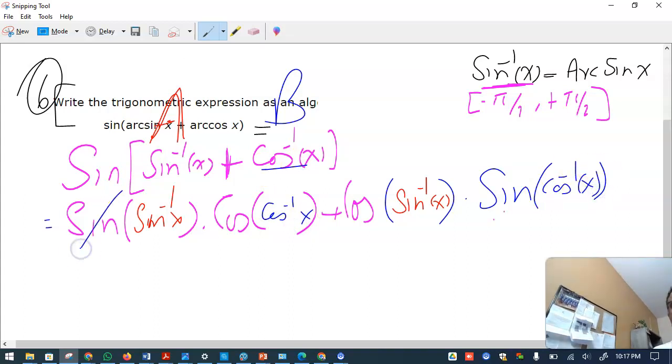Now this sine and this sine inverse cross out, so you get just an x. Same thing, cosine and cosine inverse is x.